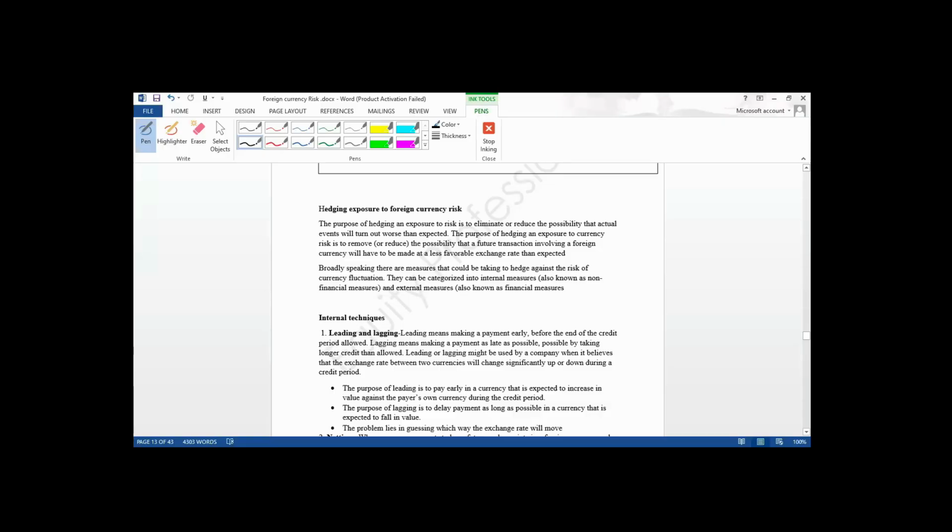Your internal measures are also known as non-financial measures. What are these measures? Under internal measures, we have leading and lagging.